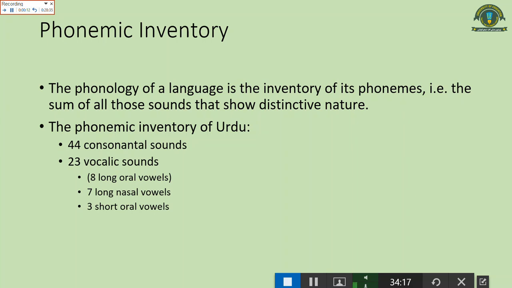In Urdu we have 44 consonantal sounds and 23 vowels, and we have 11 diphthongs as well. Sorry, this figure, this further distribution is slightly wrong. We will see that there are in fact 23 vowel sounds in Urdu and 44 consonantal sounds. We will see this distribution in the next slides.